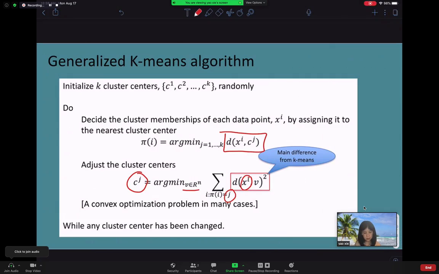This optimization problem is convex in many scenarios, and that's good news. It means it's going to be fairly easy to solve, and there exist computationally efficient methods. So we start to talk about convex algorithms and convex optimization, and we'll make the definition formal in future lectures, as you will see.